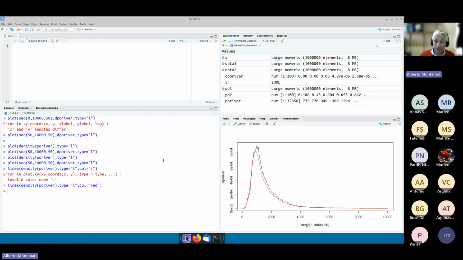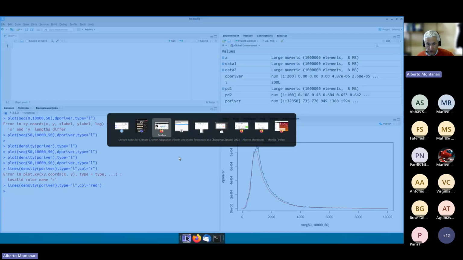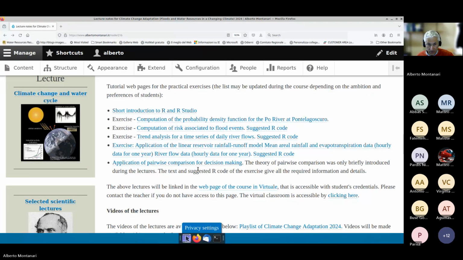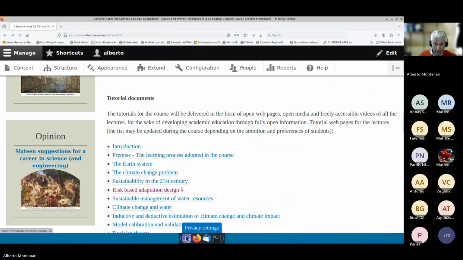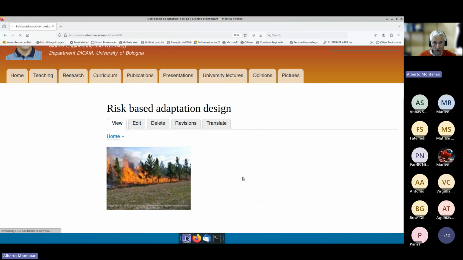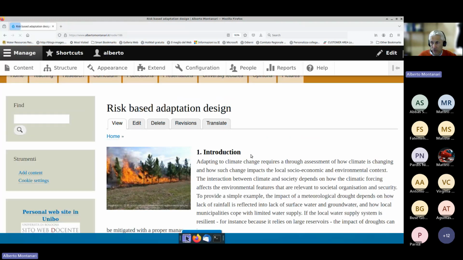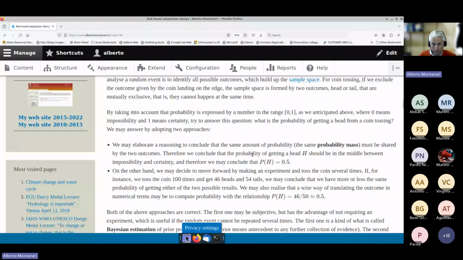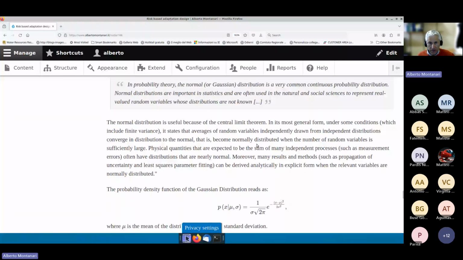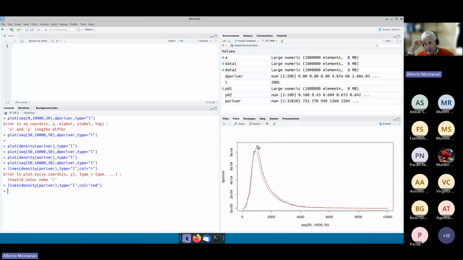Perfect. Now, one final thing for this lecture. Let's go back to the website. One final consideration about probability. So we don't talk about probability definition and estimation anymore. Let me go back to the graph that we obtained.